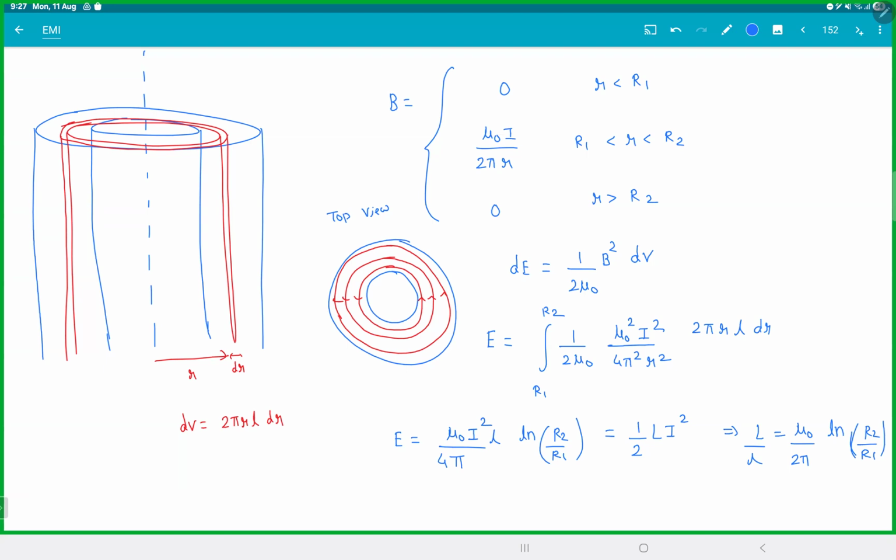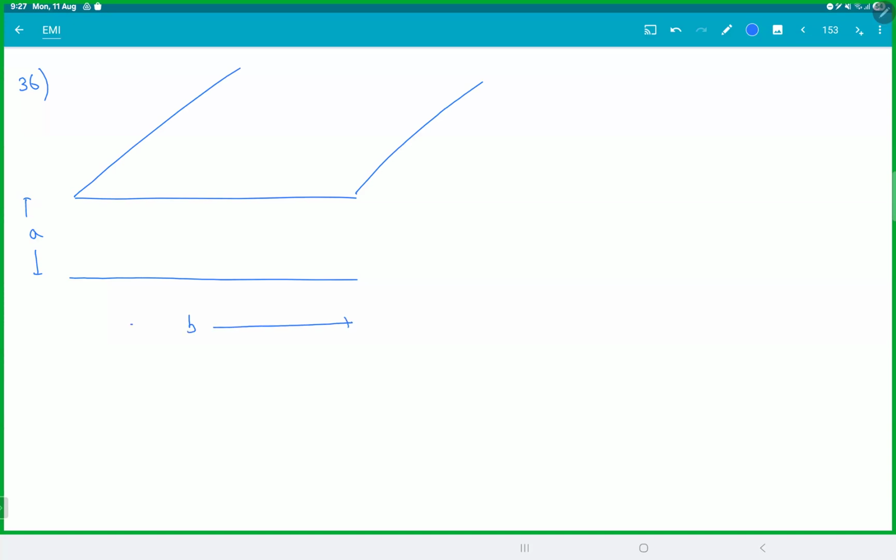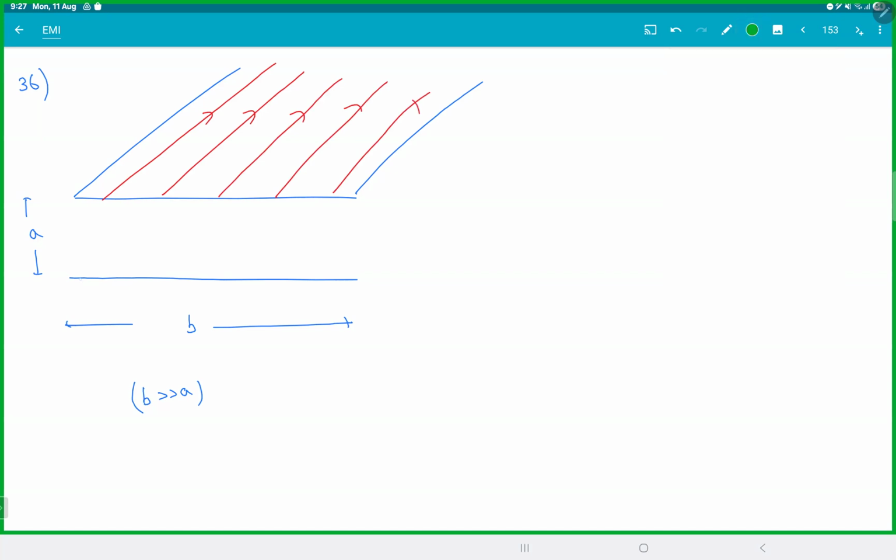Let me show you one more like this. What if we have two infinite plates? Let this be A, let this be B. You can take B much greater than A. So current is flowing like this, and it returns from infinity like this.